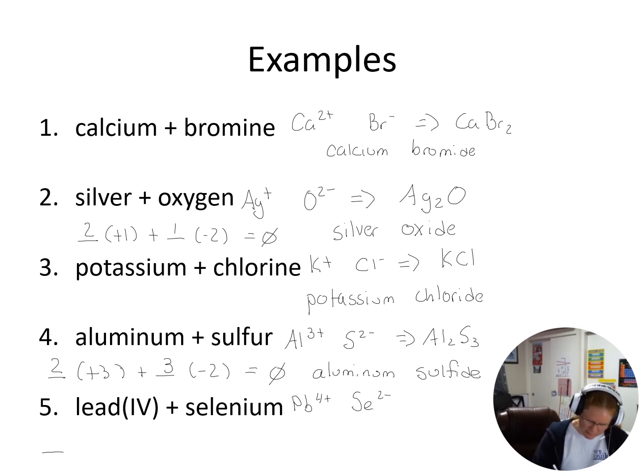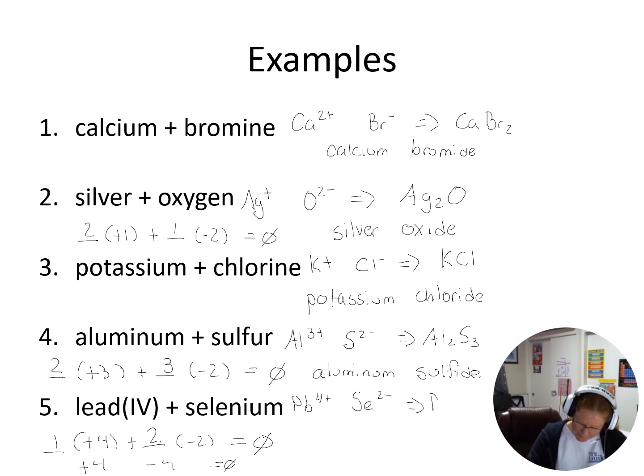So some number at +4 plus some number at -2 gives us 0. Well, 4, can we divide 2 into 4? Yeah, we absolutely can. So we're going to get 1 of the lead 4s and 2 of our seleniums, because that's going to give me a +4 and a -4, which gives me my 0.